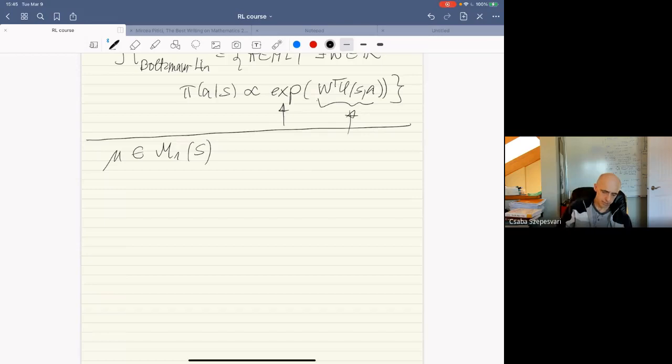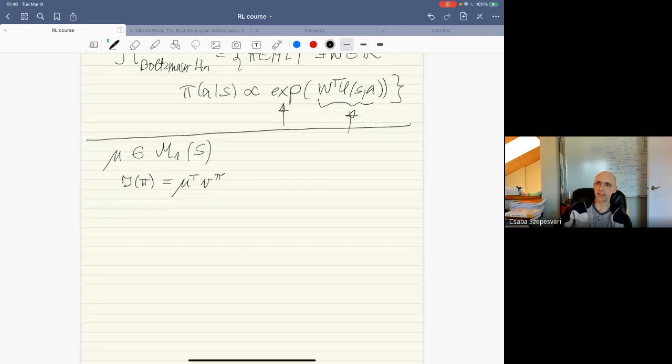And then I devise this objective function for the policies, which assigns a value J to a policy pi, which is simply the expected value of the value of policy pi.